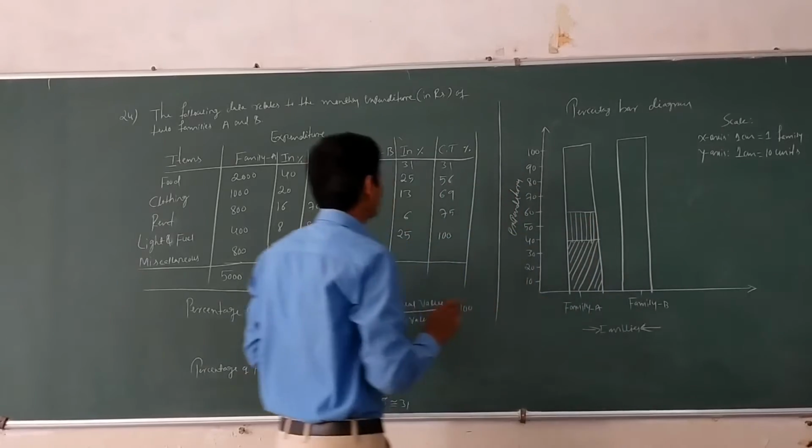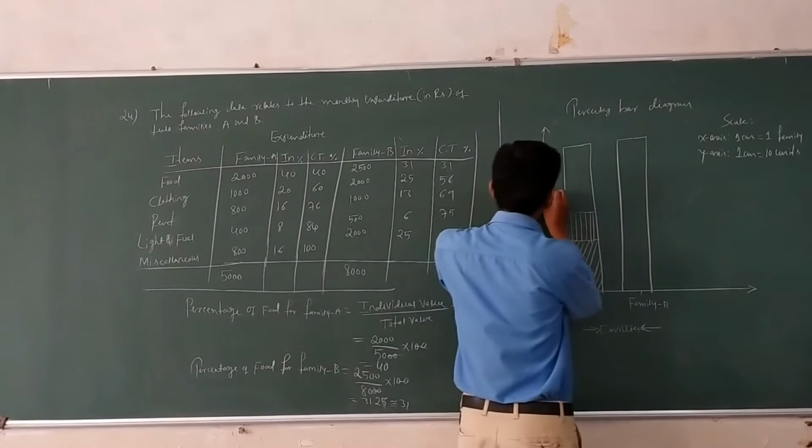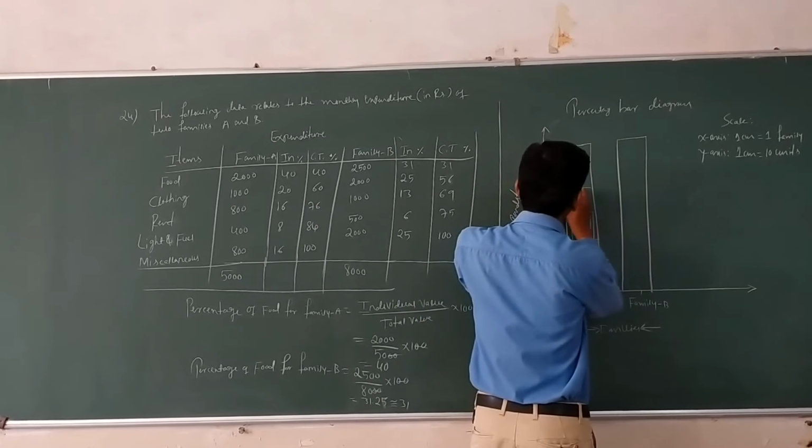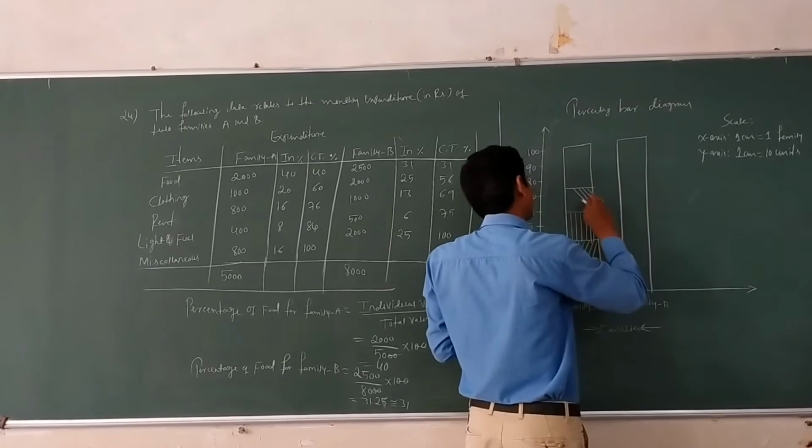This is 60. The next, rent, is 76. Rent is 76. It indicates rent.